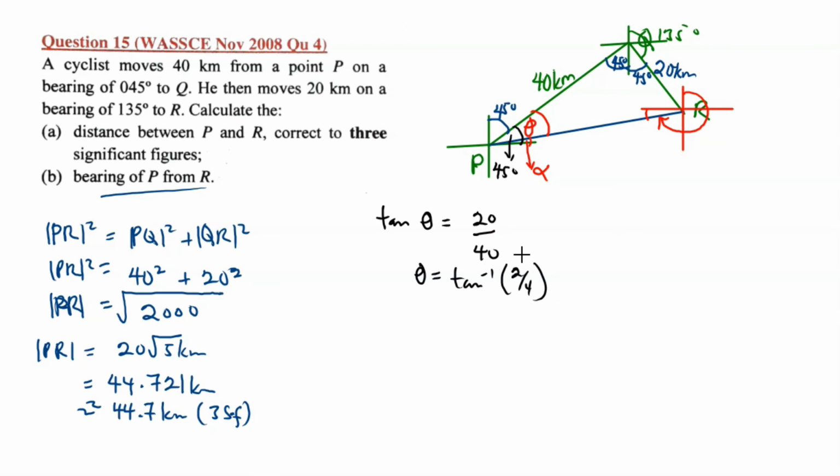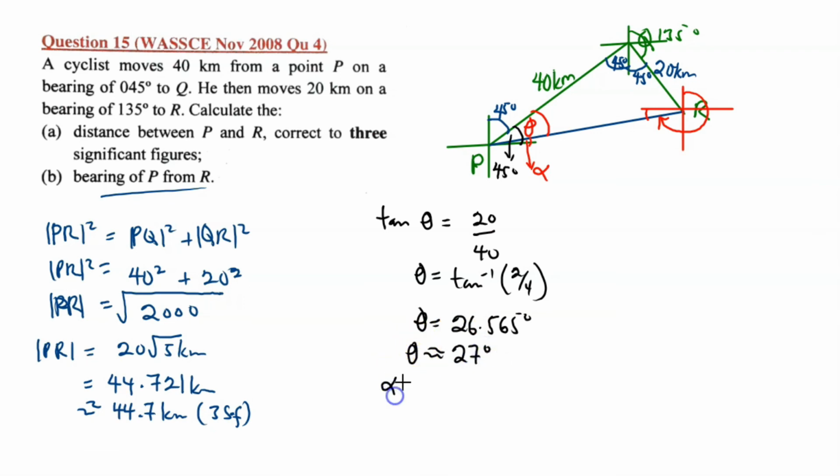Tan inverse of 1 on 2 will give me an answer of 26.565 degrees. So I have theta as 26.565 degrees, which is approximately 27 degrees.